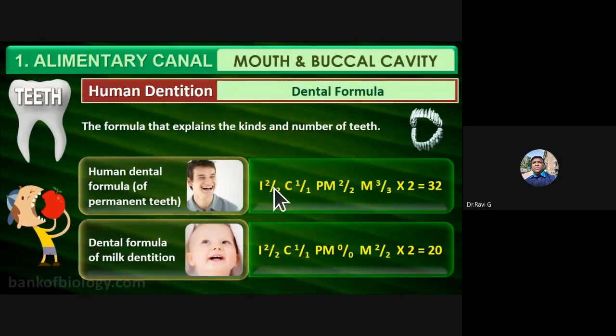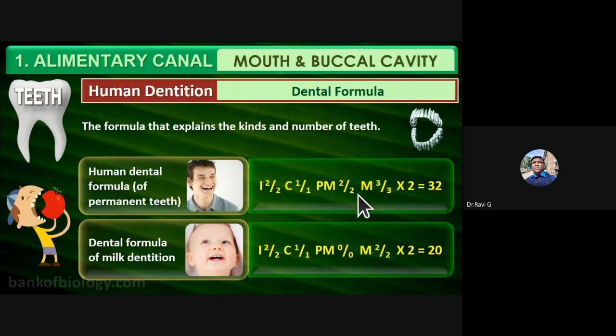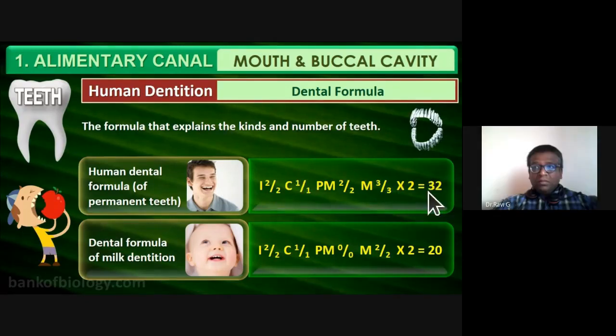So right and left you have 2 and 2, 1 and 1, 2 and 2, 3 and 3. This is the entire set of teeth in one upper jaw.